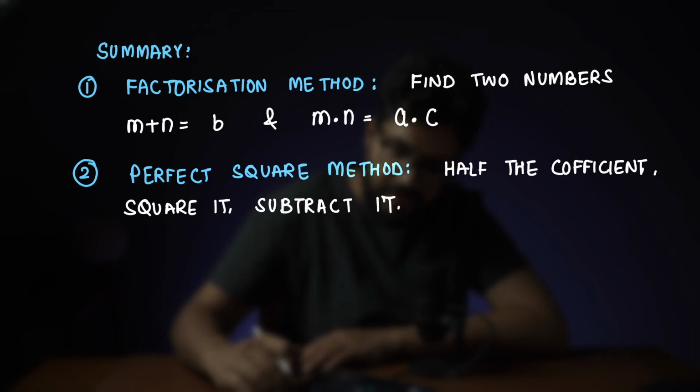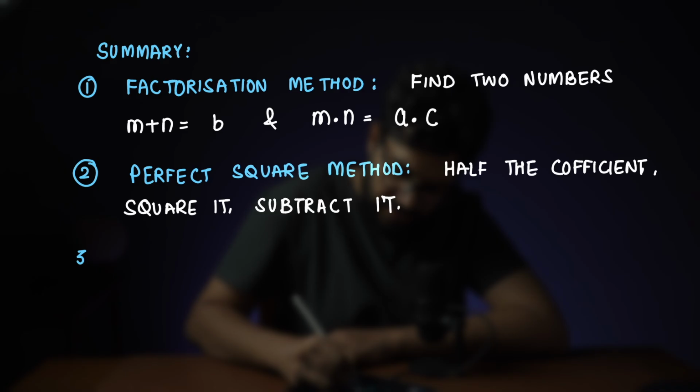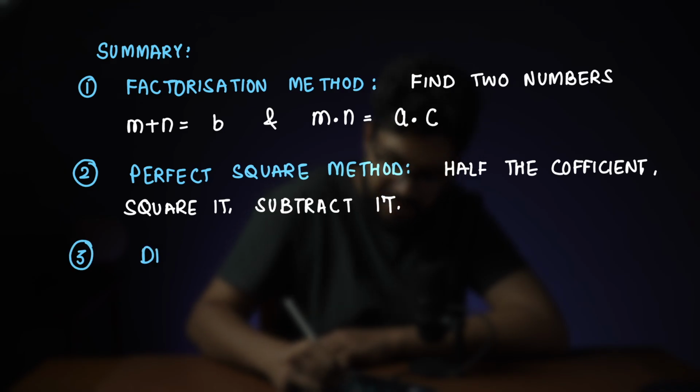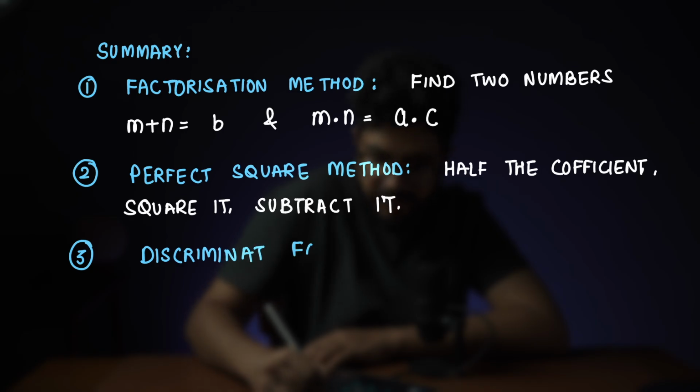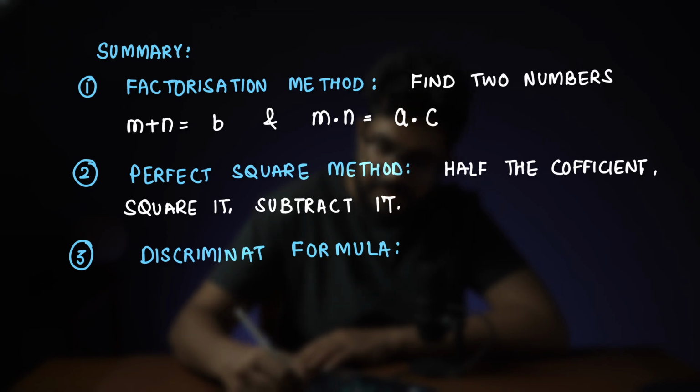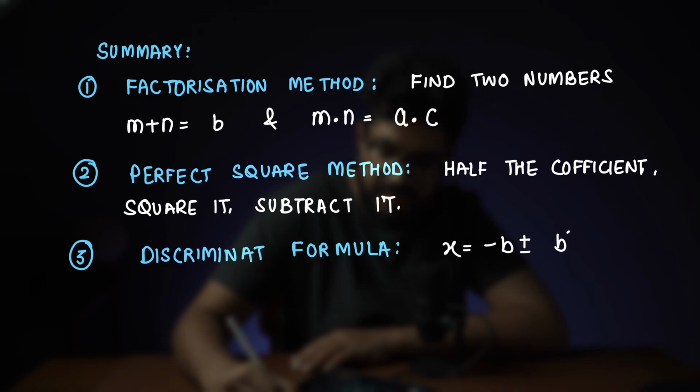And if the coefficient of x squared is not equal to 1, then you have to take that coefficient common. Method 3, the discriminant formula. That's very straightforward. If a quadratic equation ax squared plus bx plus c is equal to 0 is given to us, we can directly apply the quadratic formula: minus b plus or minus the square root of b squared minus 4ac, upon 2a.